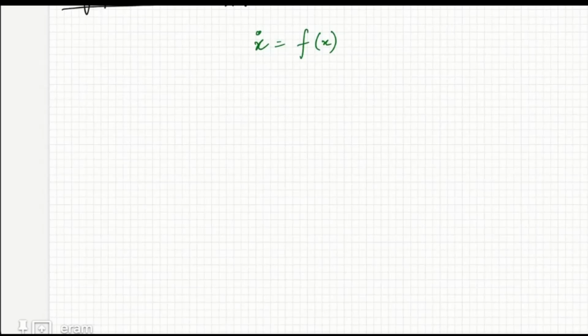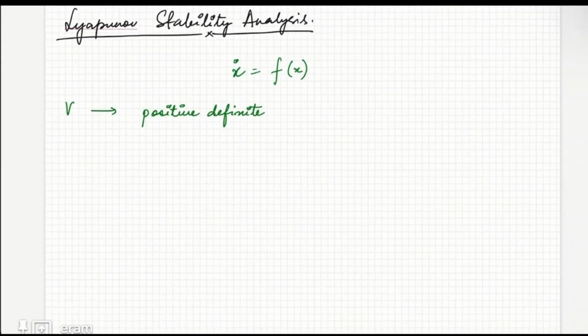Then it says that if we construct a Lyapunov function V, and it is such that V should be positive definite, that means if we are analyzing stability about the equilibrium point, then it should be 0 at 0, and it should be greater than 0 for x belonging to any domain D we are considering.